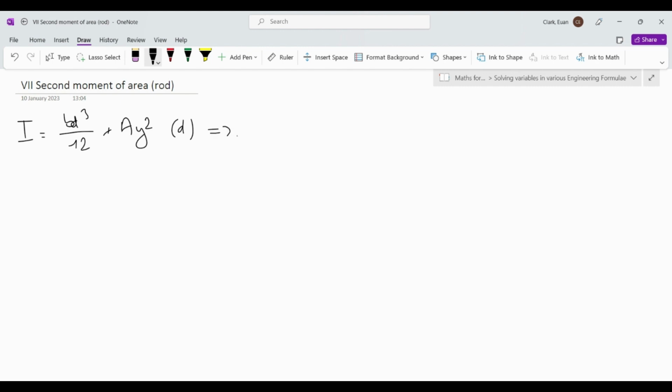So let's go ahead, and that's going to be quite easy as well. We're just going to go I minus Ay squared, which is equal to bd cubed over 12. And now we want to isolate d, so we're going to need to get rid of the 12 and the b, so we're going to multiply by 12 and divide by b, which is going to isolate d.